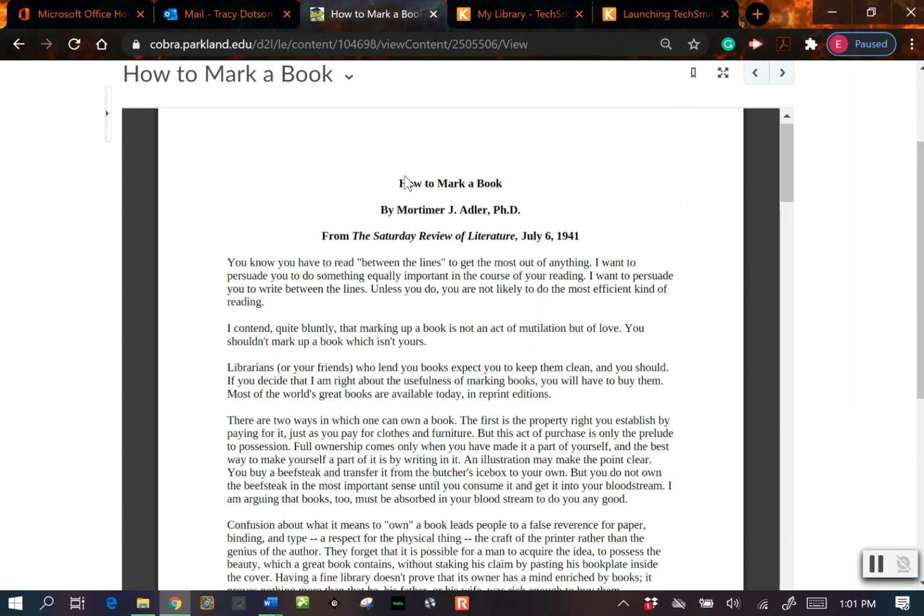Alright, so for this article, "How to Mark a Book" is the title of our article. Okay, we'll put those in quotes and capitalize all the important words. Mortimer J. Adler, comma, PhD, that's our full author name. And then the source is the Saturday Review of Literature. Okay, so that's our source in italics, and then here is our date. Okay, so we have all 4 pieces of that information.